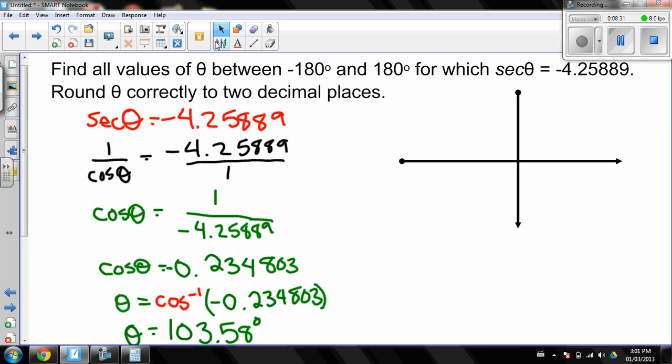Okay, so that says, if I look on my quadrant, that the cosine value of this angle is going to be right here, 103.58 degrees.